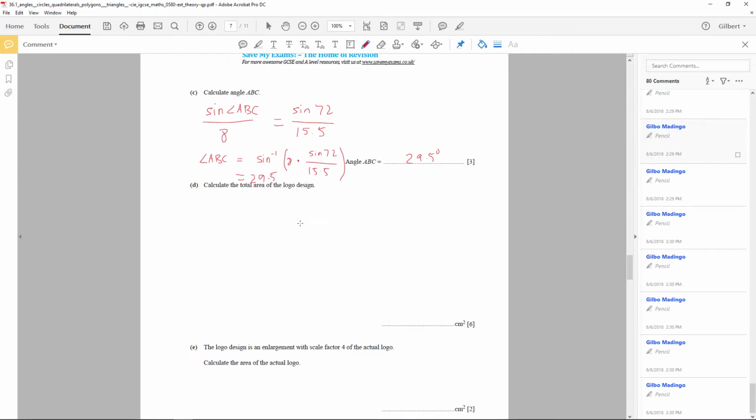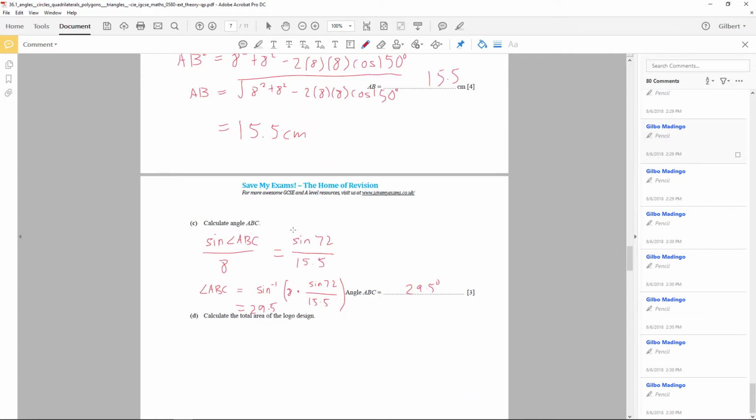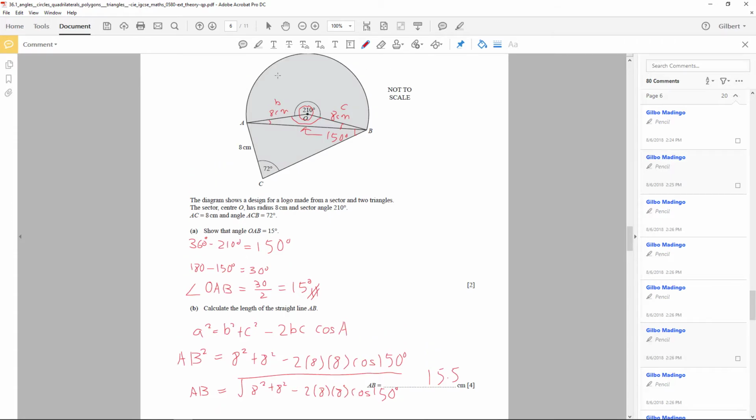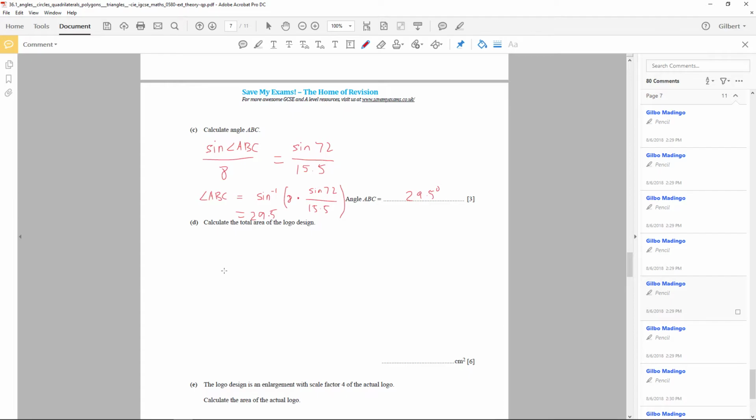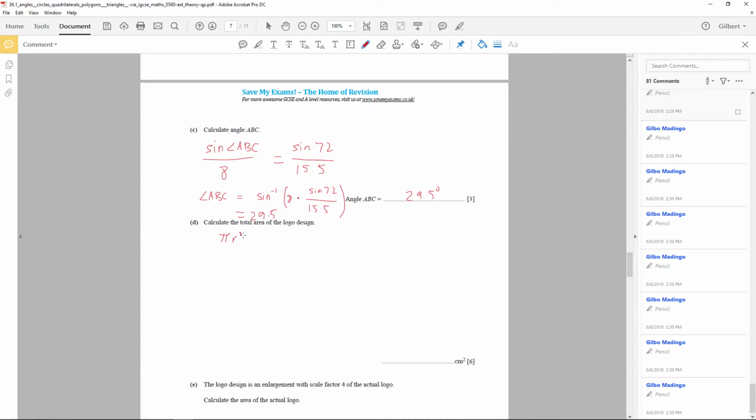Last question, oh wait, two more. Calculate the total area for the logo design. Okay, so we know that this is a part of a circle. We have two triangles here and here. Okay, the area for a circle is pi r square, and to calculate triangles, non-right angle would be half a b sine c.